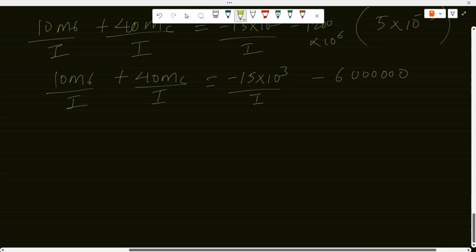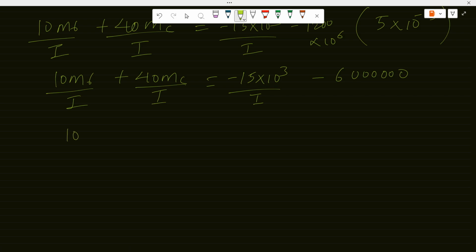Now when you simplify it all, you multiply everything by I, and you know your I is 7 times 10 raised to power minus 4.